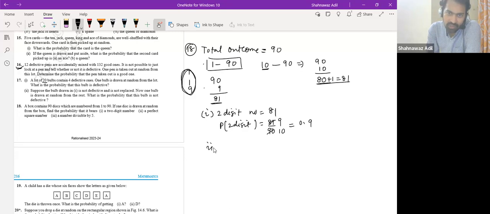Okay, Shaima, the next question is a perfect square number. So we have to count the perfect square numbers between 1 and 90. How many do we have, Shaima? Is 1 a perfect square? Yes.